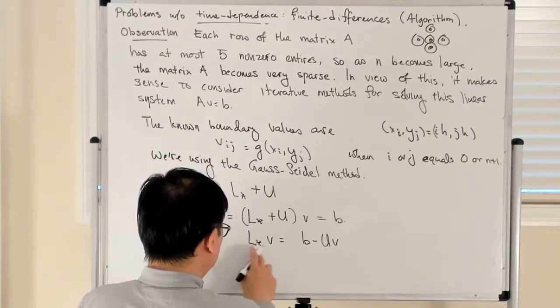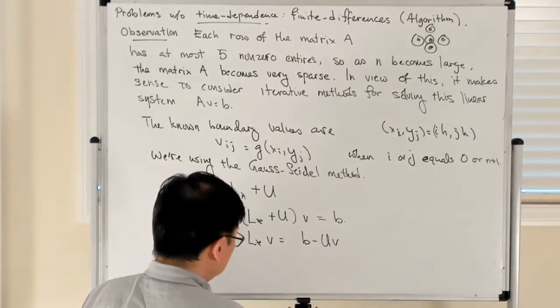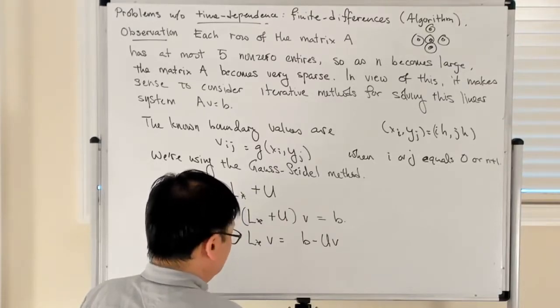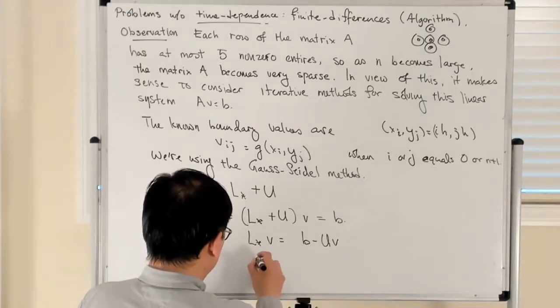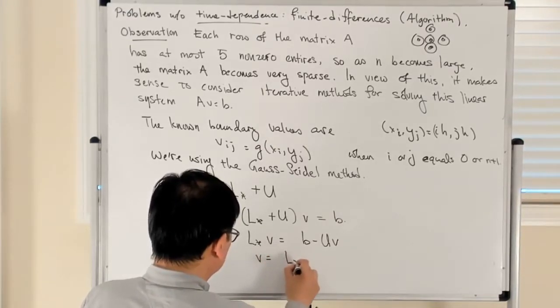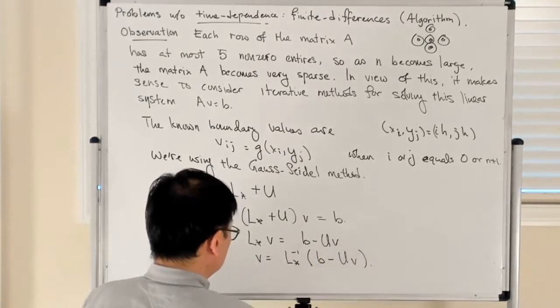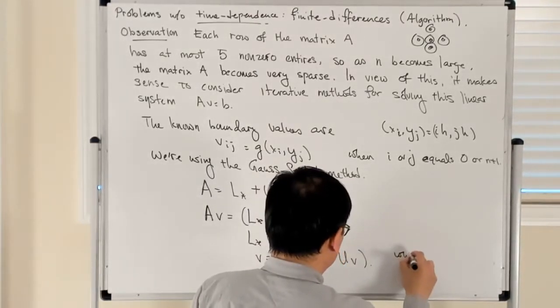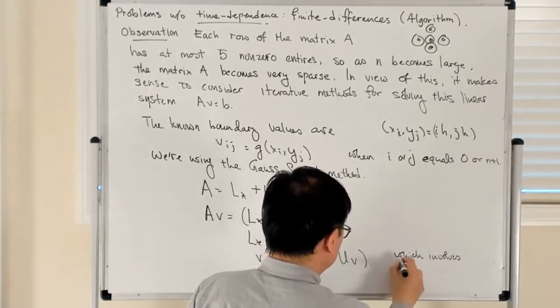And then L star is lower triangular, so I can easily invert this by using forward substitution. So I can get V is equal to L star inverse applied to B minus UV, which involves forward substitution.